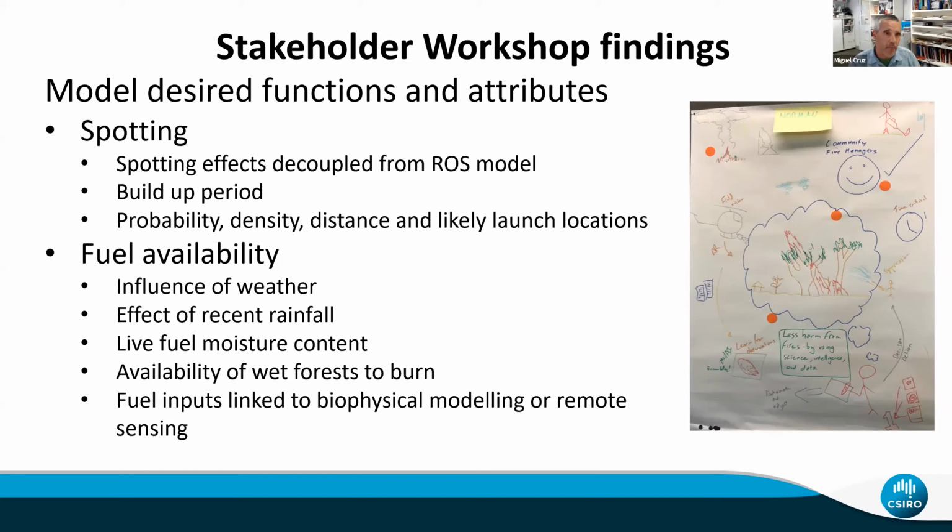Going through a few of them, in terms of spotting, some people would like to have spotting effects decoupled from the rate of spread model, something that doesn't occur with Vesta or McArthur right now. They also want build-up periods of spot fires, information about the probability that spot fires are going to occur, density, distance of these spot fires, namely maximum spotting distance, and likely launch location. So just in terms of spotting, a few items here.